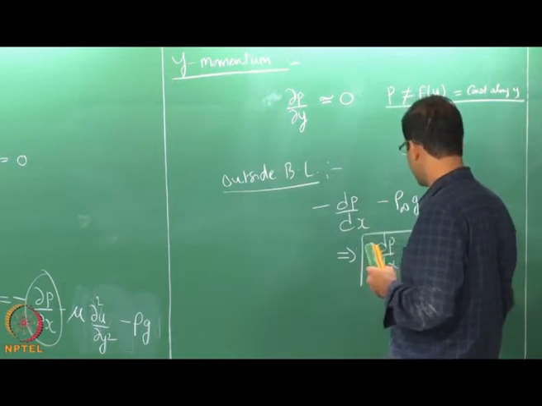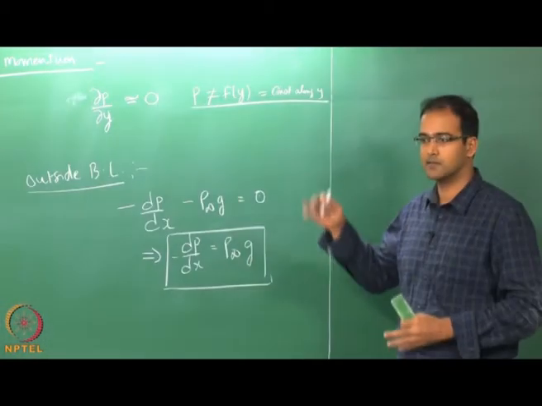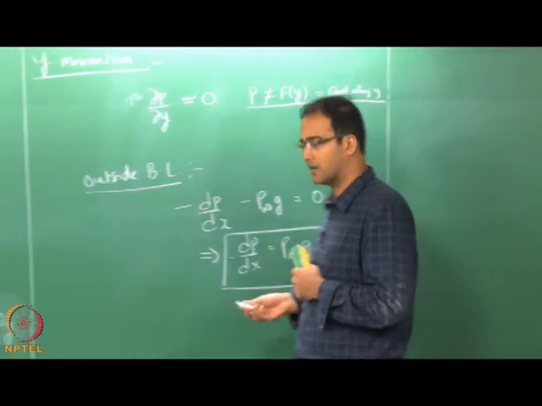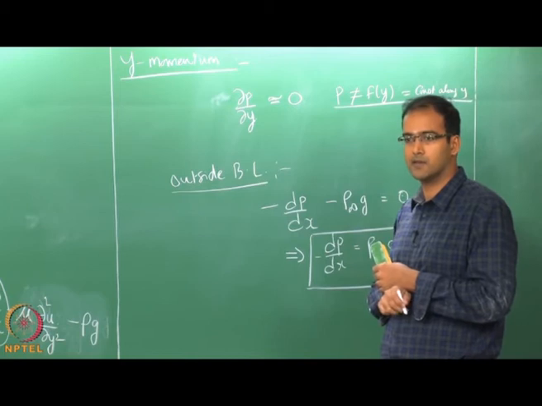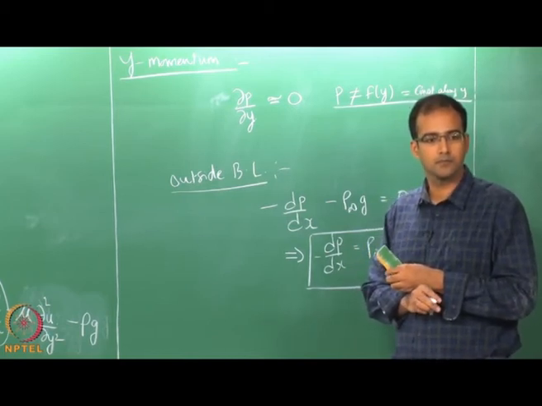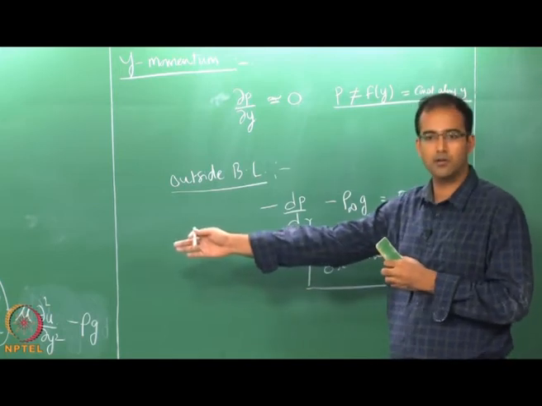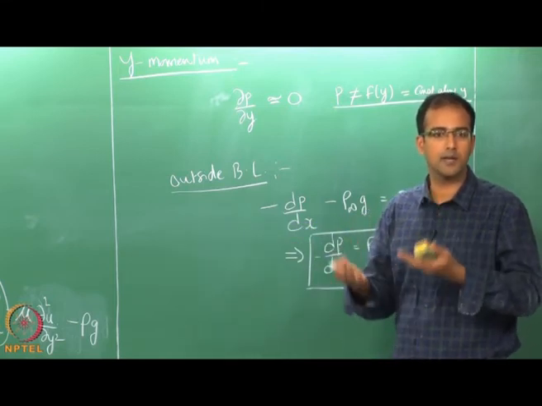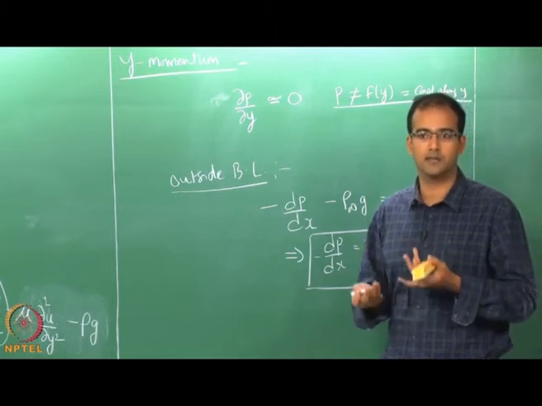So, I can find my pressure gradient along the plate by applying the equation outside the boundary layer, and I determine that this is nothing but the gravitational acceleration outside. So, what is the logic of taking this? Why are we not taking inside terms? Inside we do not know how the variation is, otherwise we have to solve for this and build another equation, or we have to use the equation of state.